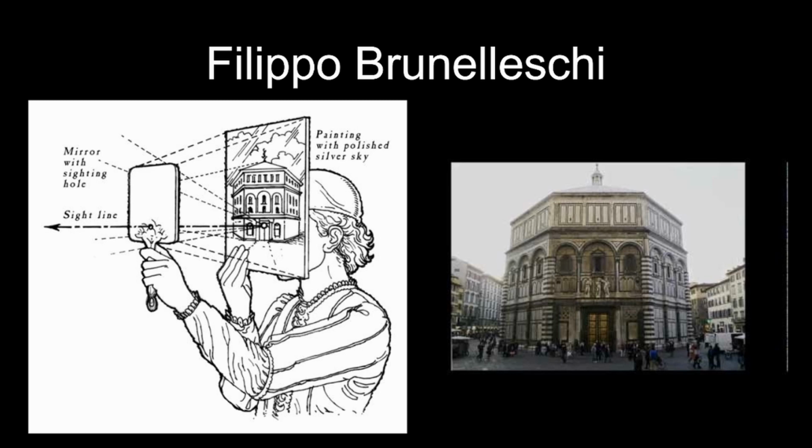The history of one-point perspective is very complex. There is a lot of debate about when and where it started, partially because some of the knowledge about how to do one-point perspective has been lost over time. There were many wars where libraries were burned, and the understanding of how to draw one-point perspective was in those libraries and was lost for many centuries.